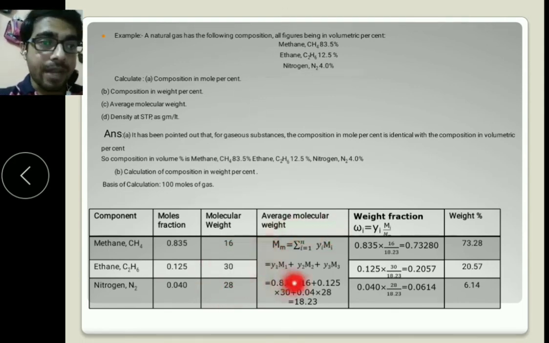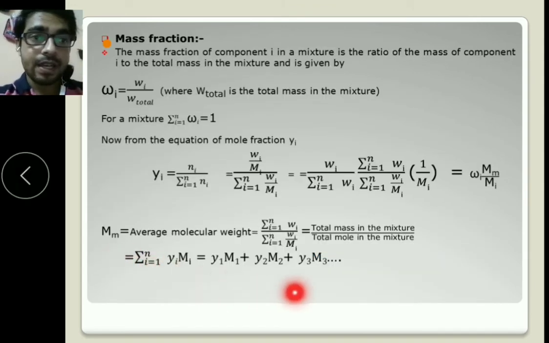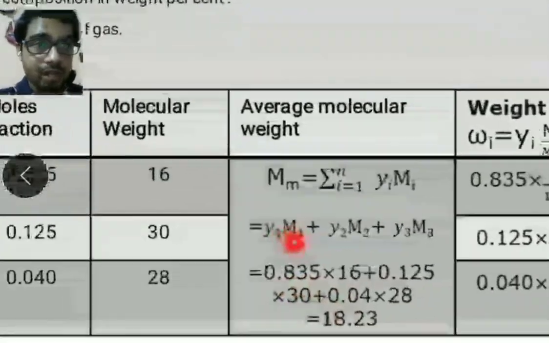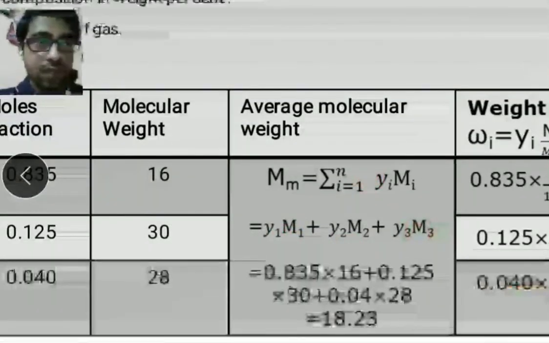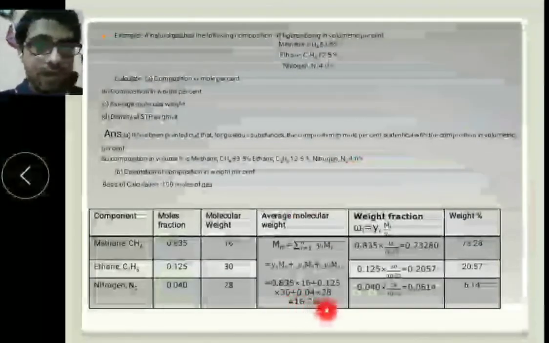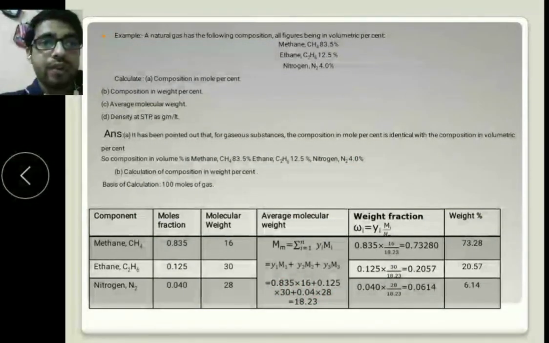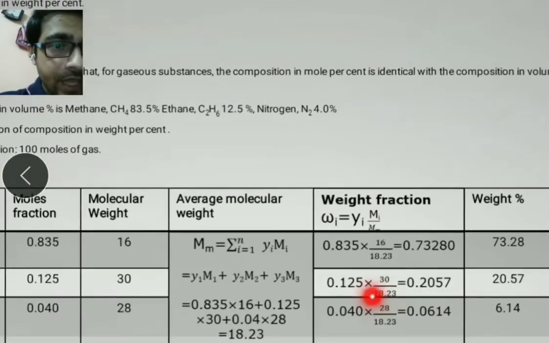For the average molecular weight we use the formula y1 m1 plus y2 m2 plus y3 m3. As we have three components, 1, 2, 3, we use this formula. From that we get the average molecular weight as 28.3. For weight fraction, we know the formula is yi mi by mm.